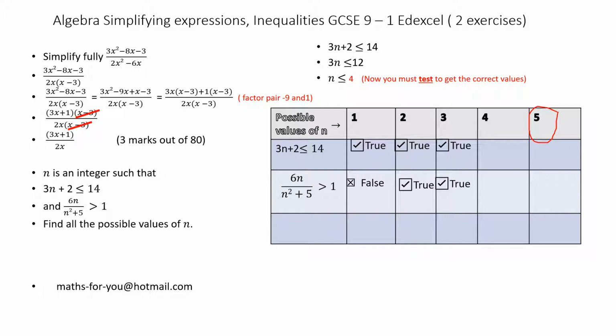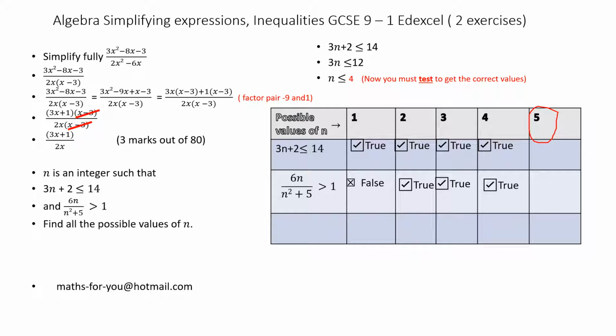Let's try 4. 4 times 3 is 12, 12 plus 2 is 14, 14 is equal to 14, so that's okay. Now, 4 times 6 is 24, 4 squared is 16, 16 plus 5 is 21, divide 24 by 21, the answer is greater than 1, so that's okay.